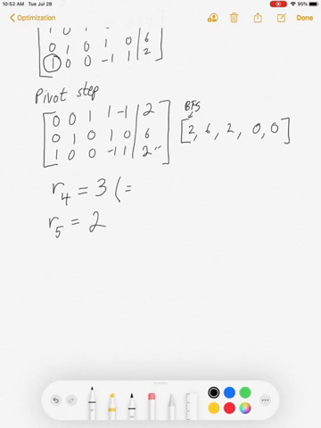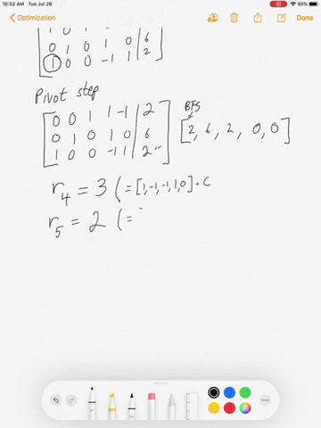So how did I calculate this? Well, the direction that I could move in, if I wanted to bring column 4 into the basis, was 1, -1, -1, 1, 0. And I dot product that with the cost vector.